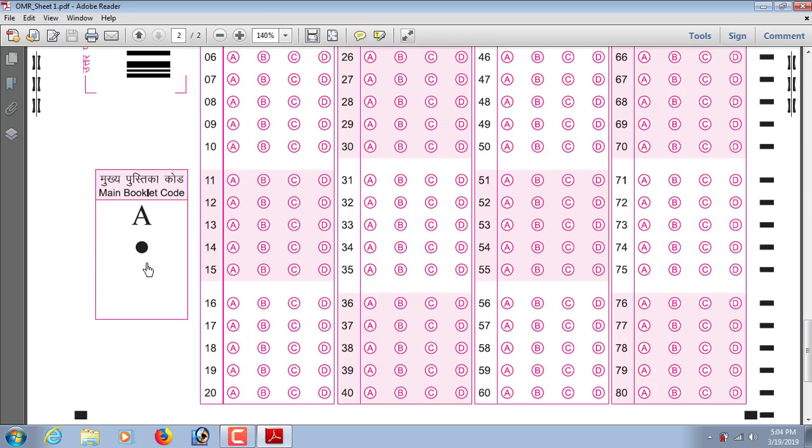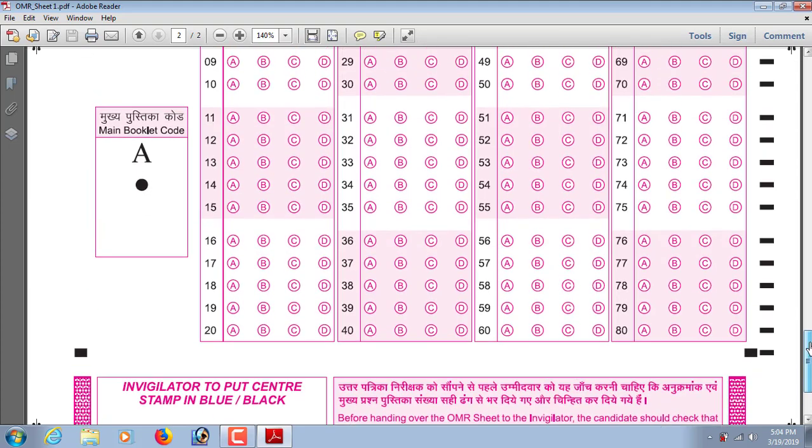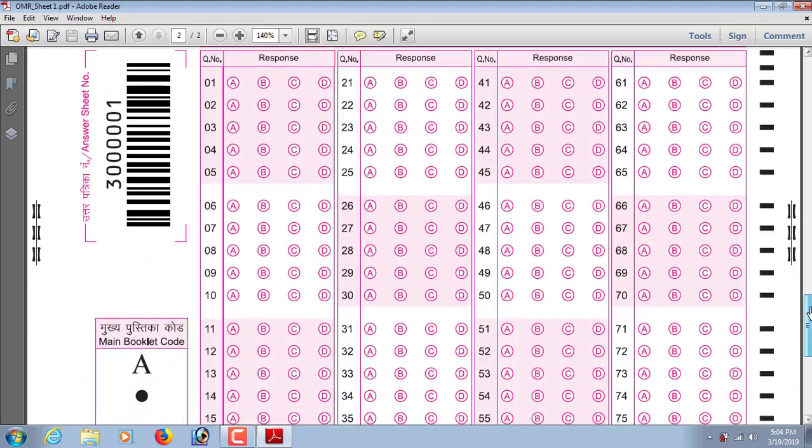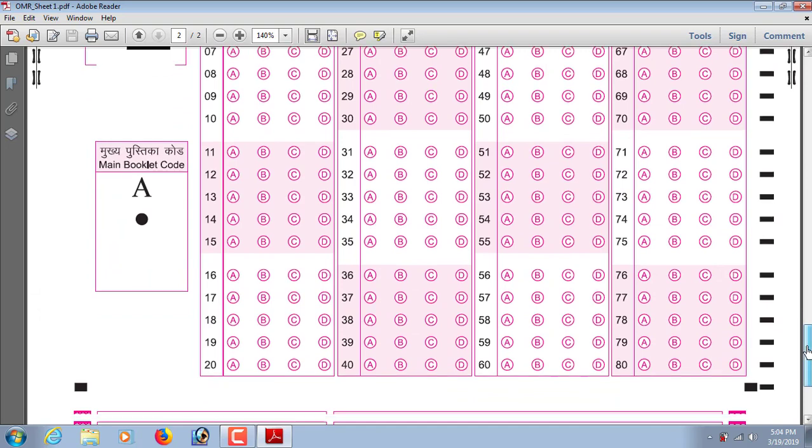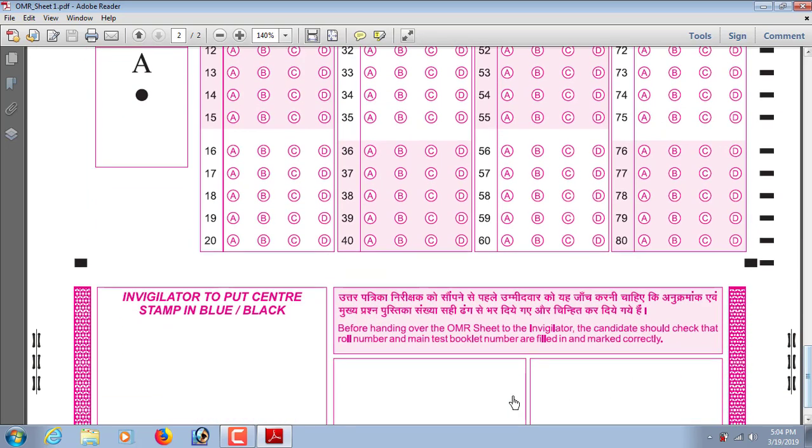Then look at the main booklet code. If your booklet code is A, then you have to darken A here. There are a total of 80 questions in this answer sheet. Before handing over the OMR sheet to the invigilator, the candidate should check that the roll number and main test booklet number are filled in and marked correctly.